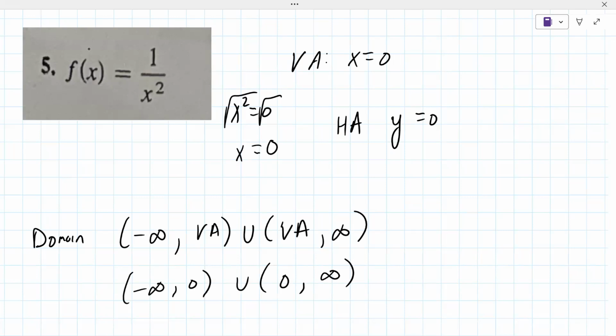What does the infinity do, by the way? This means to the right forever, to the left forever. It's just a symbol to represent left forever and right forever.